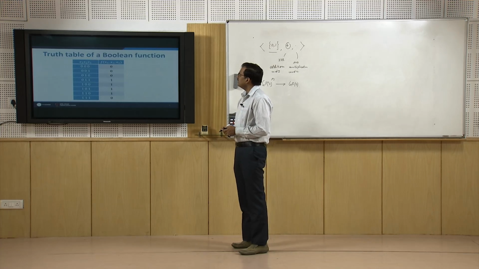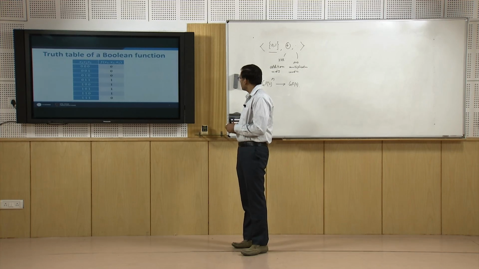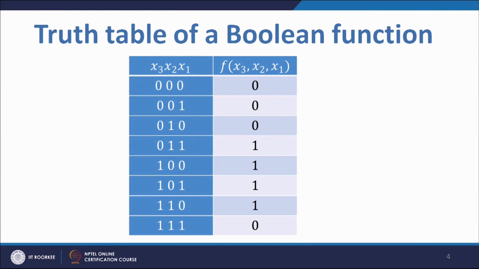Now, as an example, we see a Boolean function here. If you look at this, you will see that I have listed down the elements of GF2 to the power 3 in a particular order.